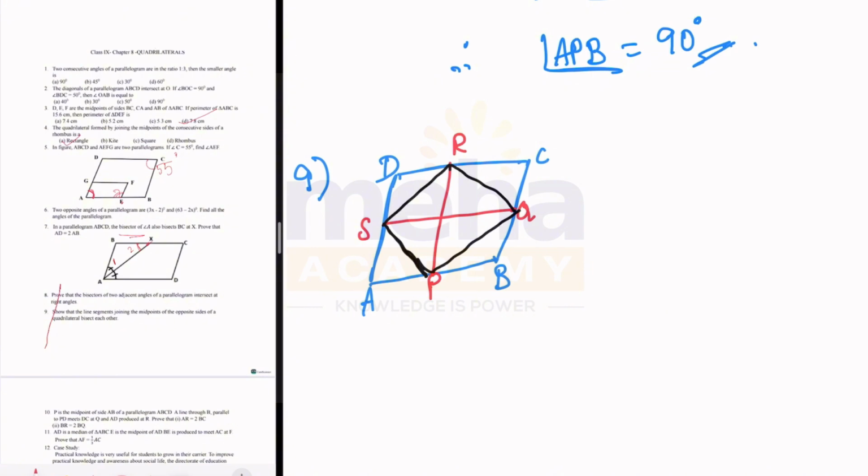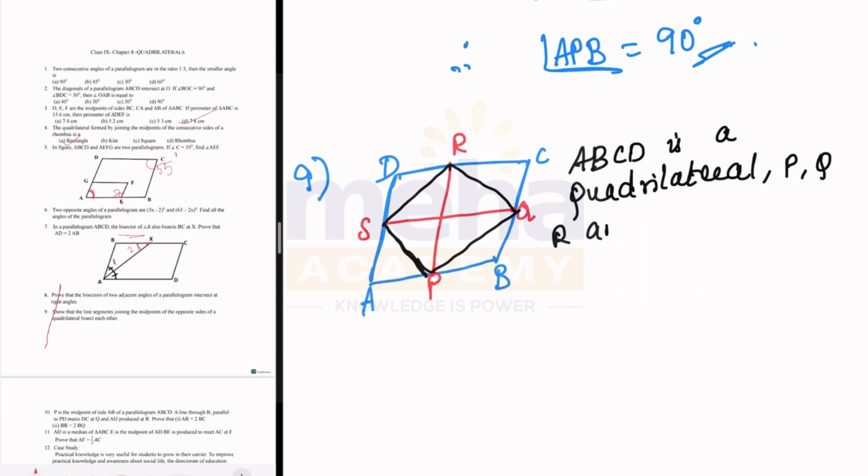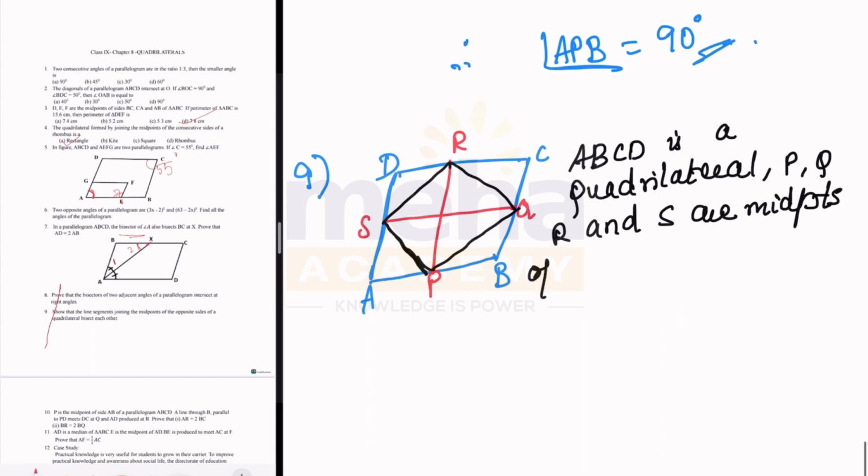Now we'll explain all this. ABCD is a quadrilateral and points P, Q, R and S. Since the figure is not given, we are drawing the figure and adding the points, writing in words the sides AB, BC, CD, DA.